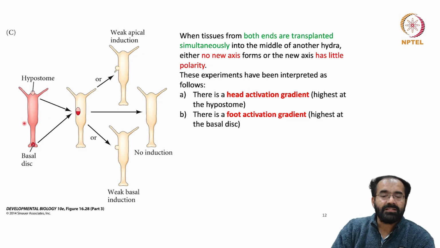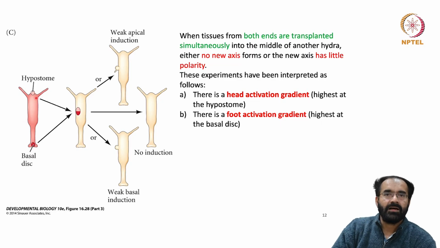Now, if you take from a donor a head and half base together, you put both together onto a donor in the same place. That means you are taking a portion of hypostome and a portion of basal disc, both put in one implantation.